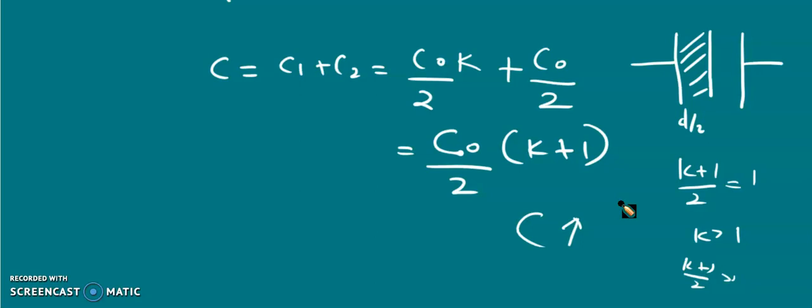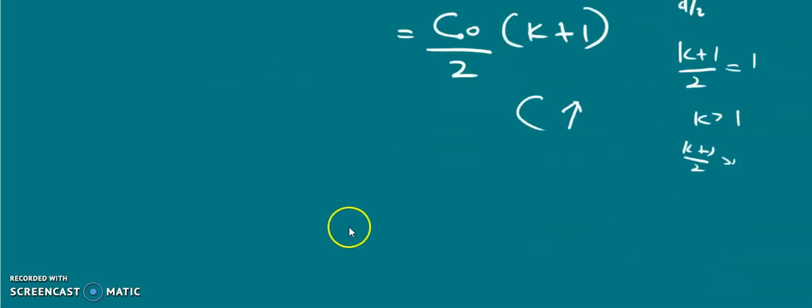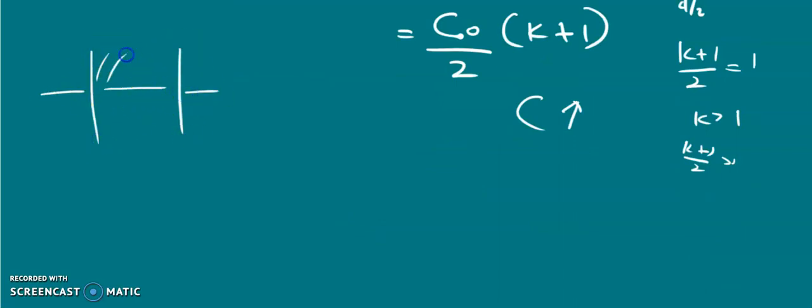But the percentage of increase is different, depending on how we introduce the dielectric medium, whether the distance between the plates is divided as in the first case, or the area between the plates is divided as in the second case. Anyway, the effective capacitance increases.